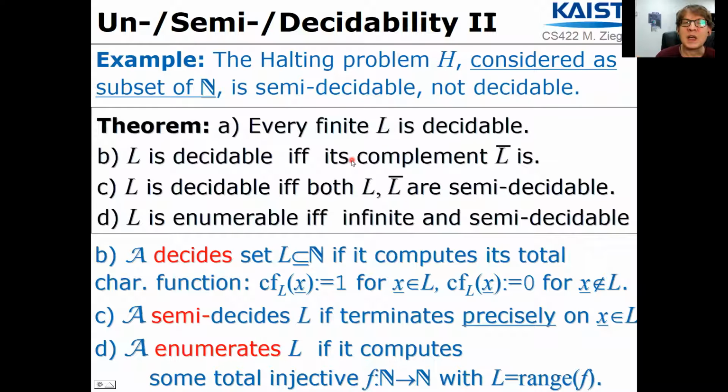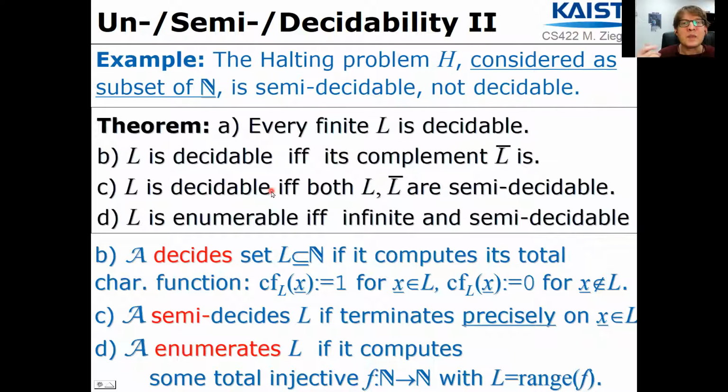For item B of the theorem, we transformed a hypothetical algorithm that decides the set L into one that decides its complement, without knowing or assuming anything about the algorithm. The proof is a black box transformation on algorithms, converting one algorithm into another.